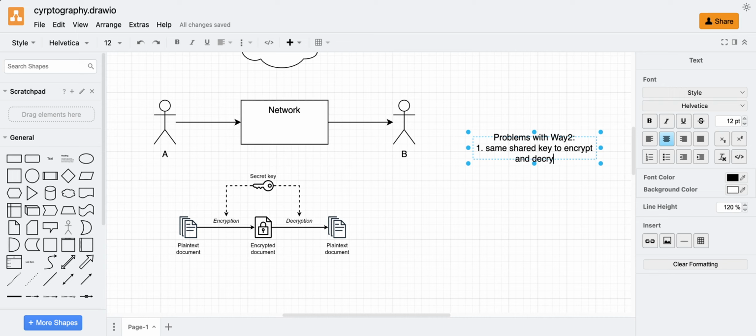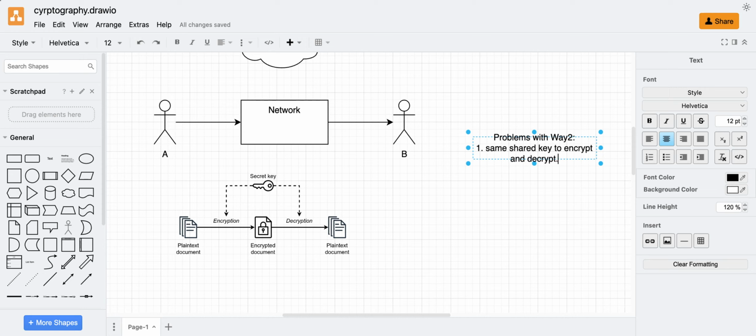Make sense? So anyone with the key will be able to decrypt the message. So we have some sort of a security concern here.